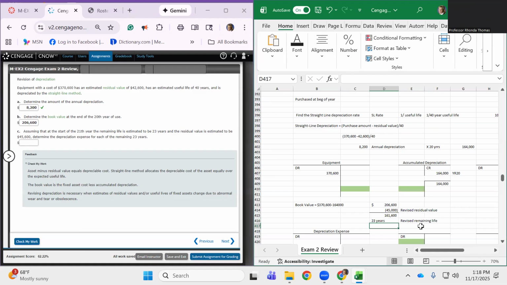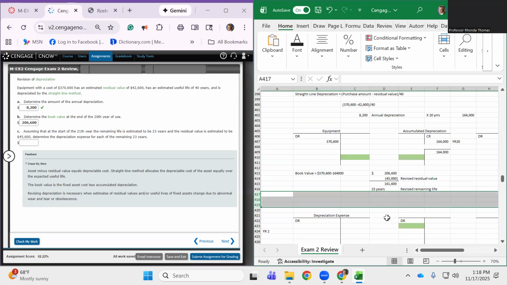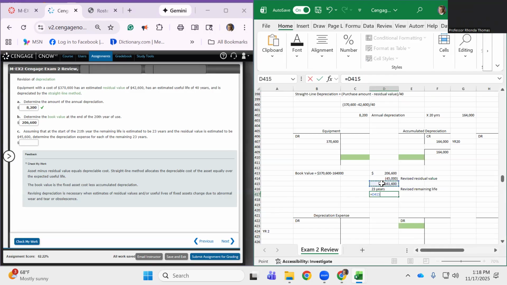All we want to do is figure out what the annual depreciation is going to be. That's all we have to figure out. I know it seems like a lot. So let's take the amount remaining and divide by 23.